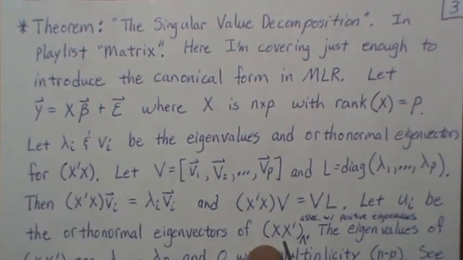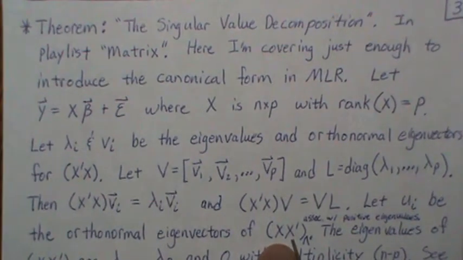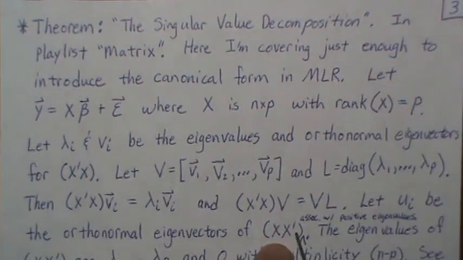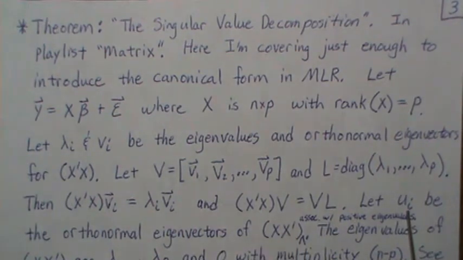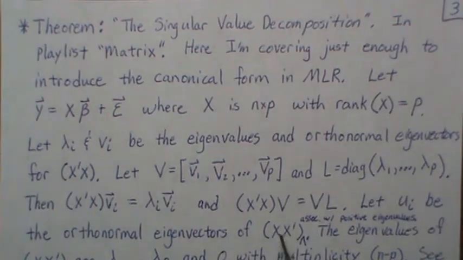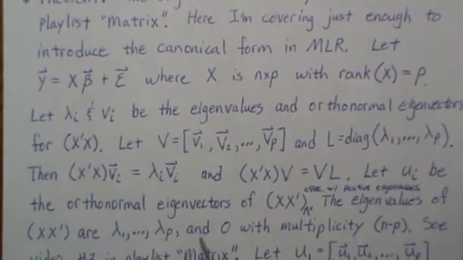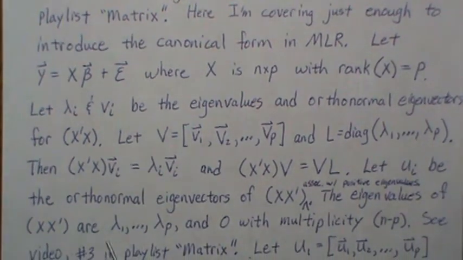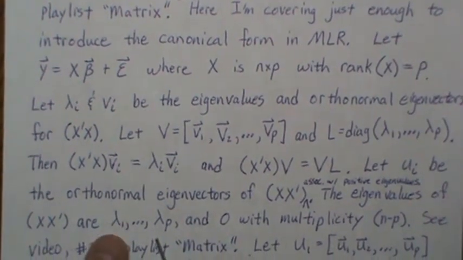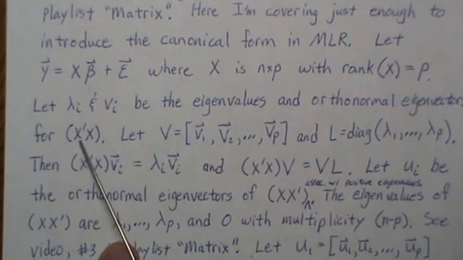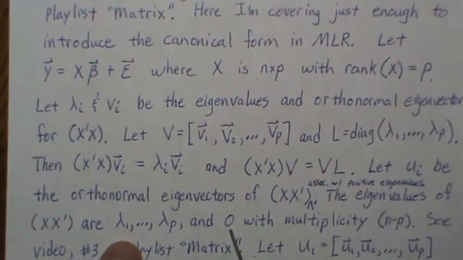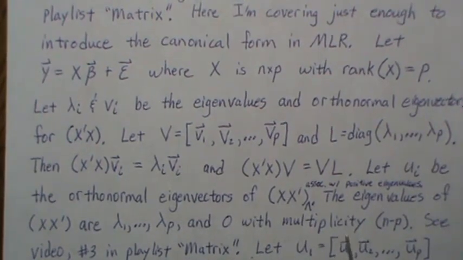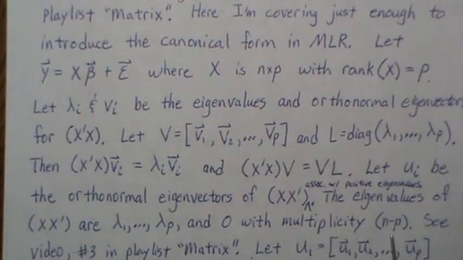So if we just look at the positive eigenvalues of X X transpose, then we're going to have these orthonormal eigenvectors associated with these eigenvalues. The eigenvalues of X X transpose are lambda 1 through lambda p, which is the same as up here, and 0, and this 0 has a multiplicity of n minus p.